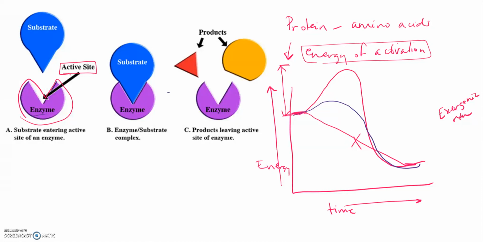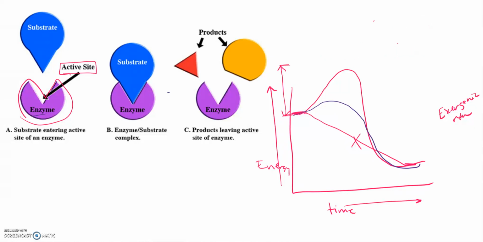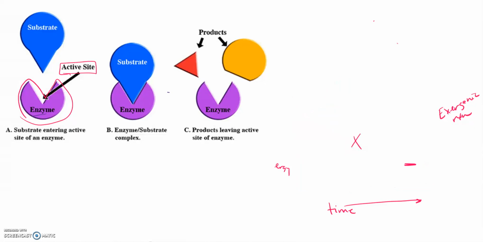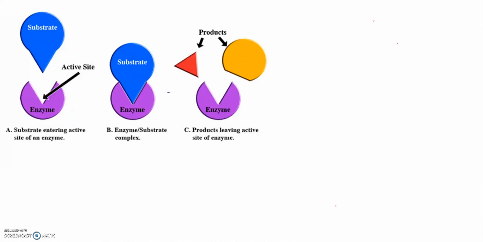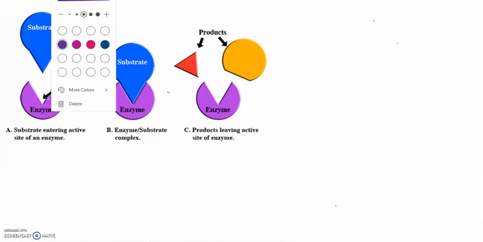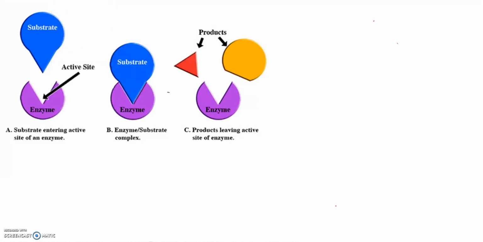Now, let's spend a little time talking about your specific activities that you did for your enzyme lab. But a couple other things before we move on that I want to mention after I clear this off is that enzymes can actually be affected by inhibitors, okay? And there can be competitive and non-competitive inhibitors.